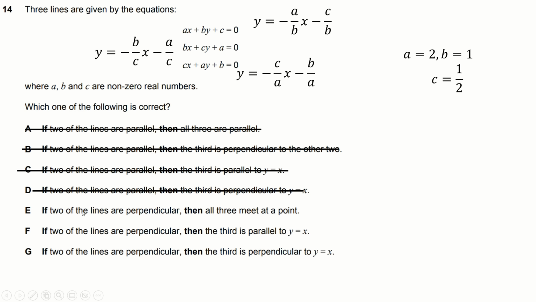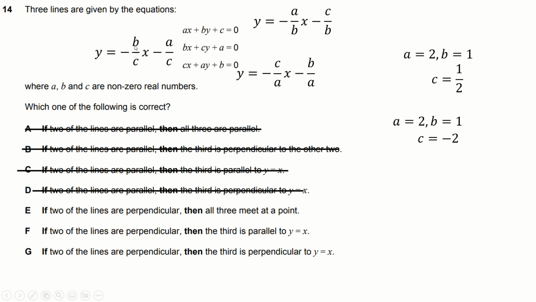Next, we'll do if two of the lines are perpendicular. So, okay, let's just make A 2 and B 1 again. And this time, to make this perpendicular, this has gradient -2. We're going to need to make this one positive a half. If B is 1, that means I need C to be -2, because 1 over -2 with another minus makes a half.